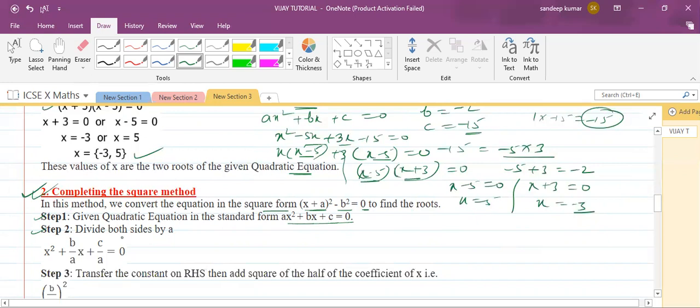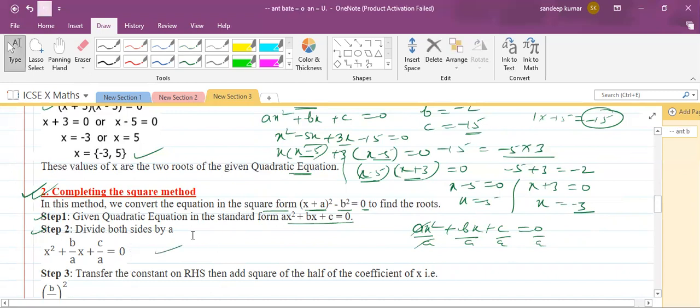So divide both sides by a. If you divide x square plus bx plus c is equal to 0 by a throughout, this gets cancelled, so you get x square plus b by a x plus c by a. 0 by a is nothing but 0 only.